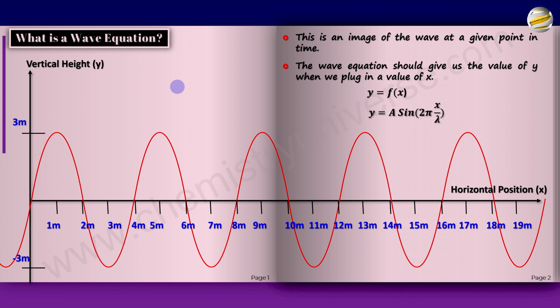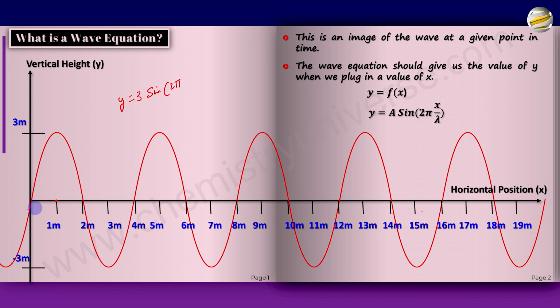Now, to make sure that we are getting the right equation, let's take any particular value. Let's say the x value is 1. Let me find the y value. Remember, I want to find the value of y at 1 meter. So A is 3, the amplitude, sine 2 pi, and I need to get x by lambda.